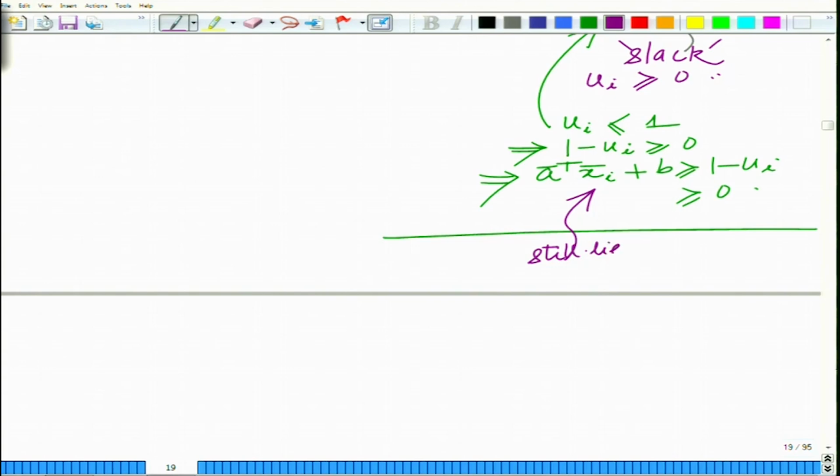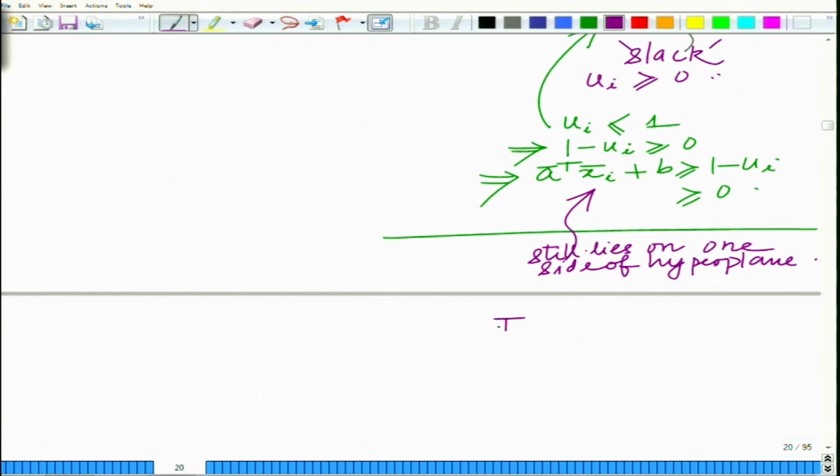Still lies on one side of the hyperplane, that is A bar transpose x bar I is greater than or equal to 0.